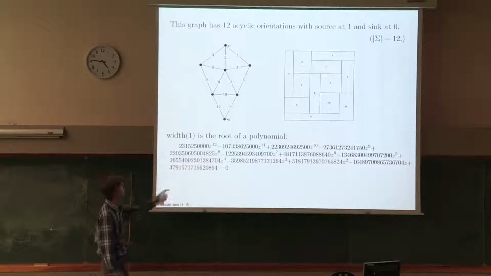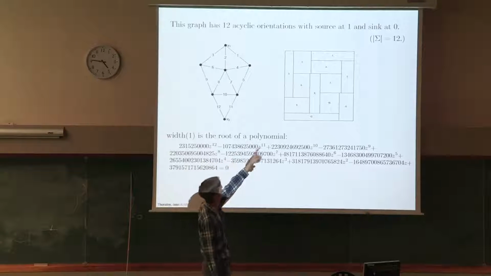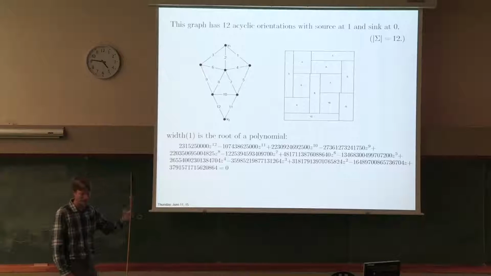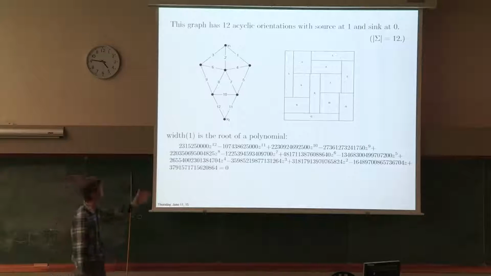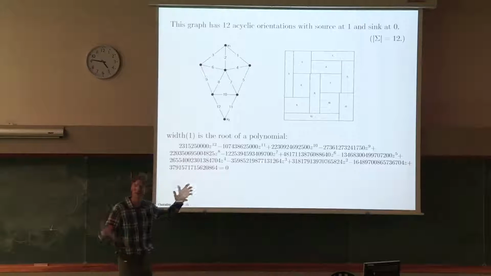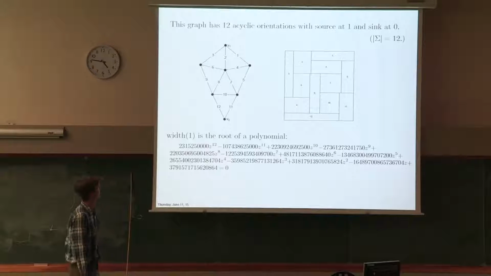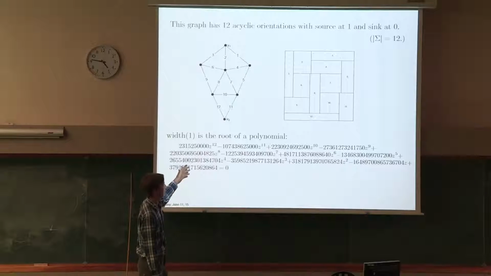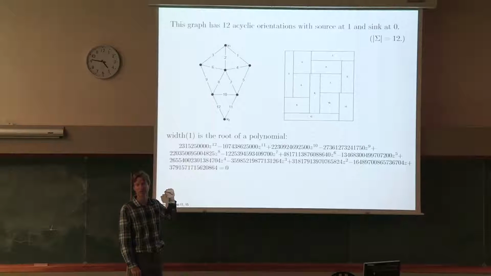For example, the width of tile number 1 on the upper right is the root of some integer polynomial. Here it is. Kind of surprisingly large coefficients, but all integer coefficients. And this polynomial has 12 different real roots. It's totally real.